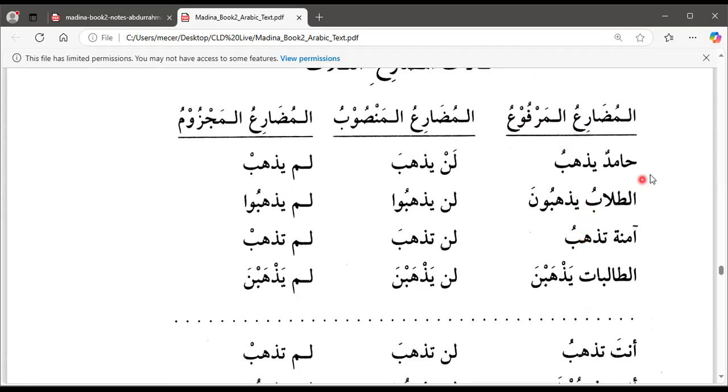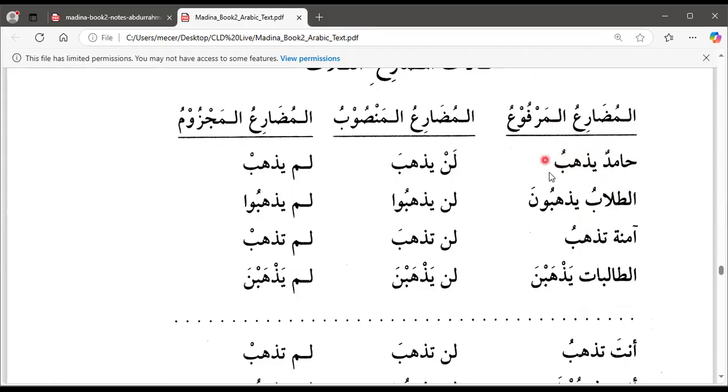If we have, for example, Hamid yadhab, in this case we see that this verb yadhab, of course this sentence is a jumla ismiya with a khabar, which is a jumla fi'liya.